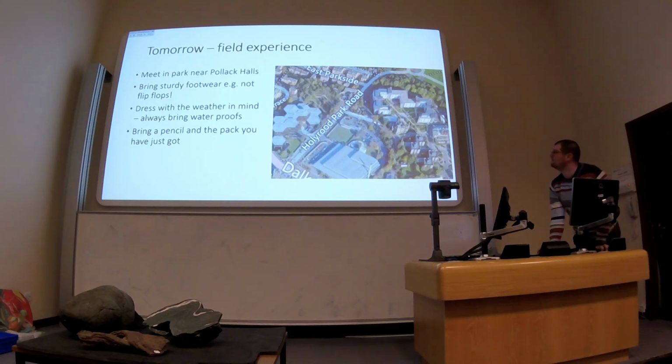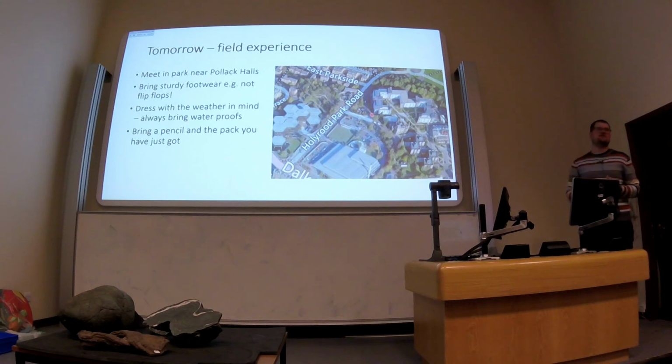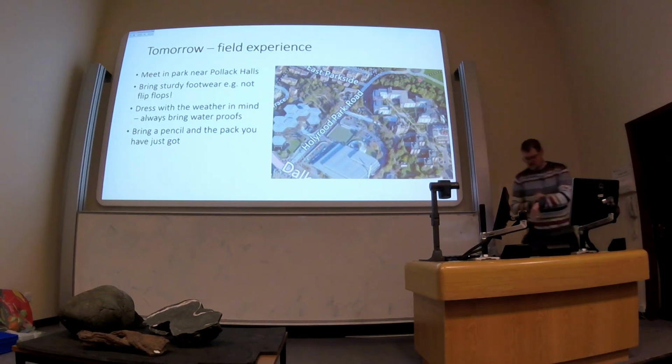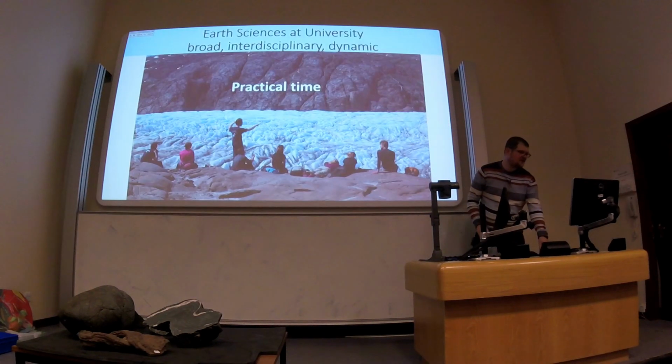You need to have everything you need to be outside for an hour and a half, and you need to exit here and walk around to here. There might be a sneaky back entrance. Does anybody know a sneaky back way? No? Okay, so go out the main door and to that roundabout. Okay? Right, that, I think, is us done.